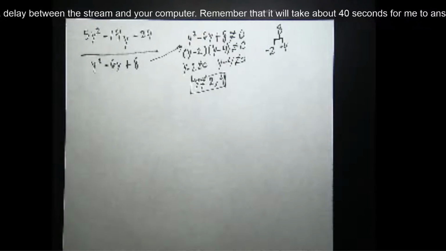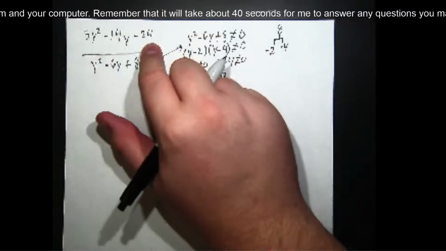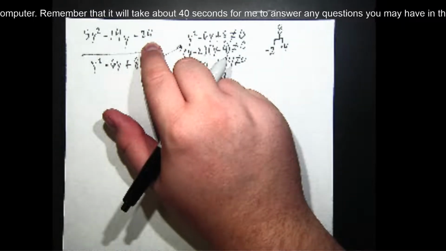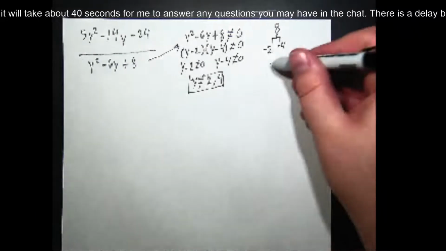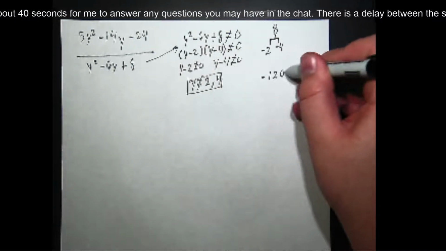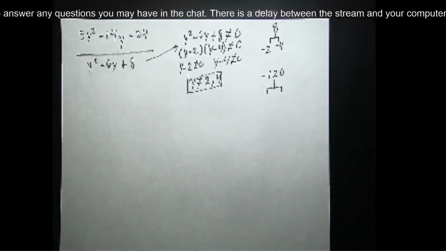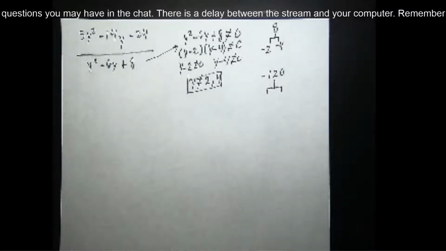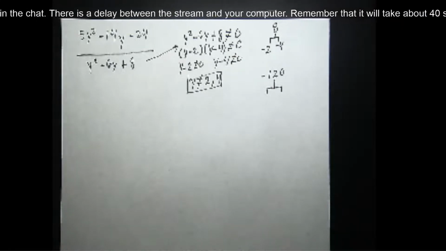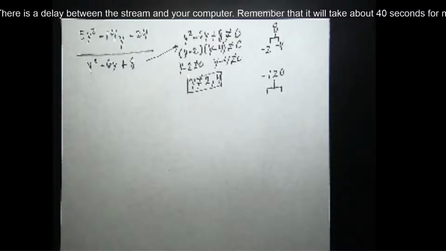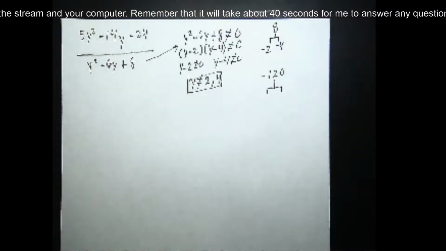So we've got, let's see, 5 times 24 to get our AC. That's going to be negative 120. And we're looking for negative 14 there in the middle.